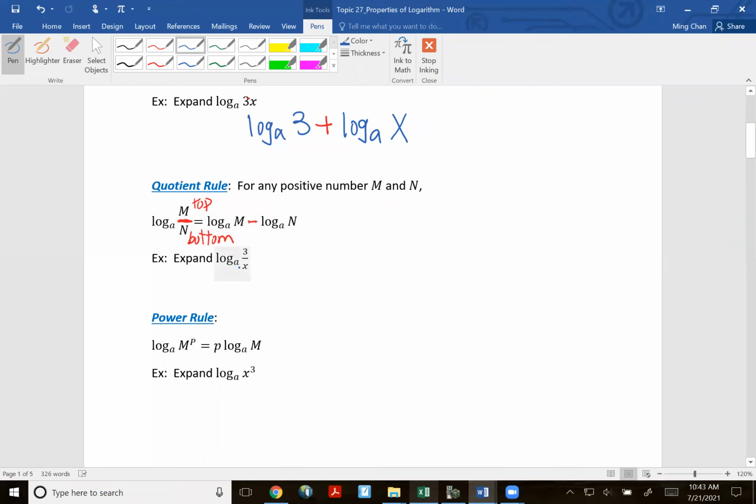So log with the base a of 3 over x, right? This division will translate into subtraction. So that will be log with the base a of my top, 3, minus log with a base a of x. Okay, we expand one term into multiple terms.